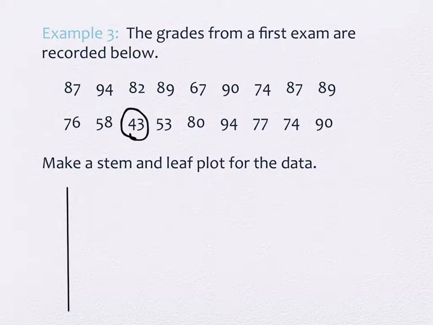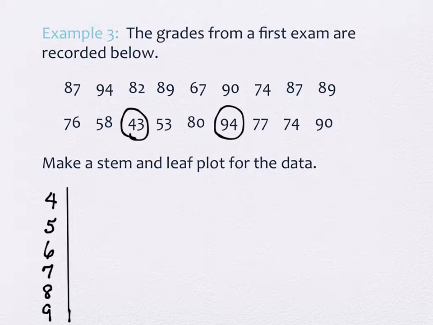And my greatest? 94. So all of my grades range in the 40s to 90s on this exam. So I'm going to put a 4, 5, 6, 7, 8, and 9 on the left-hand side of the bar.